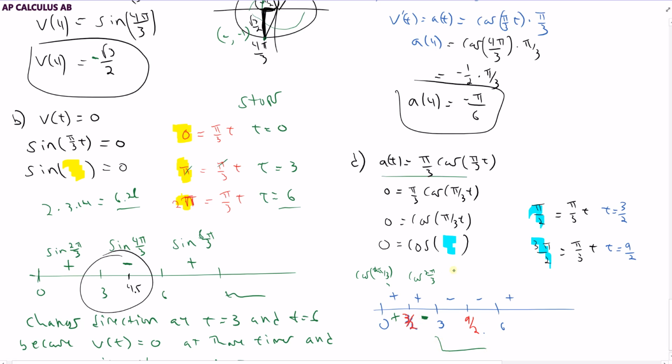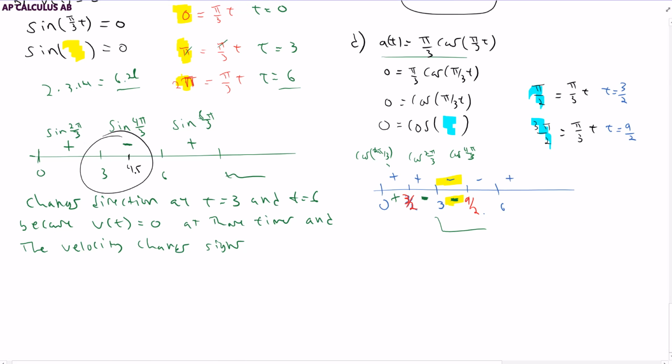If I do cosine of 4 pi over 3, that's also going to be negative because it's in the third quadrant. And so what we notice is the velocity and acceleration have the same sign, right? Which means that it is speeding up. So, okay, we'd say both statements are true, right?